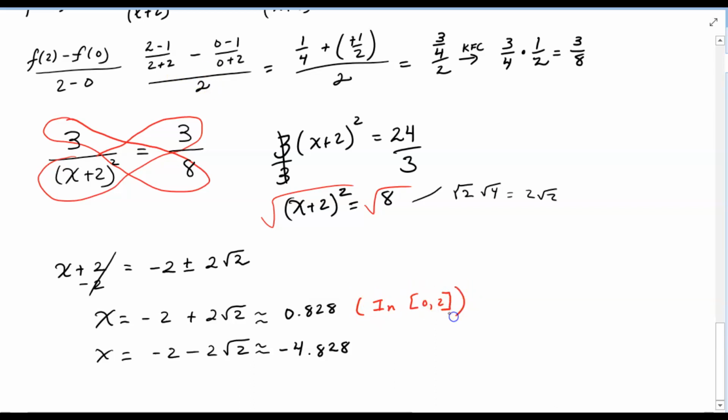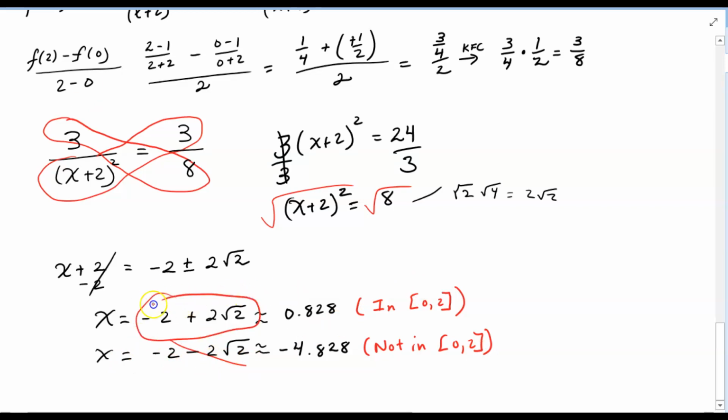Remember, I told you it depends on the interval, but there could be multiple places where the slope of the tangent equals the slope of the secant. This one right here is not in the interval from 0 to 2, so we're not going to worry about this number.